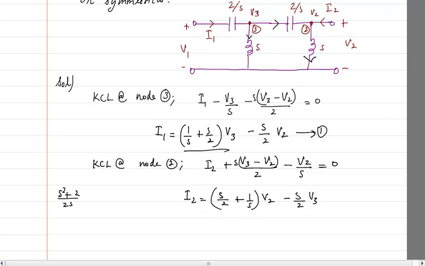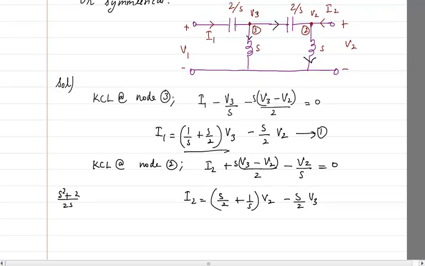Now I have to find out, if you look at this part, I will get a relationship between I1 and V3, which is from figure we can say that I1 is going to be equal to higher potential V1 minus lower potential V3 divided by impedance, which is 2/S, from where I will take S on top.